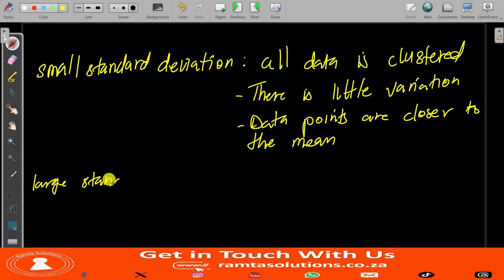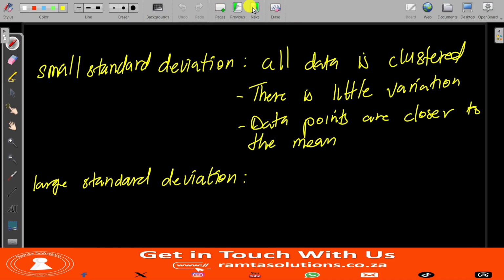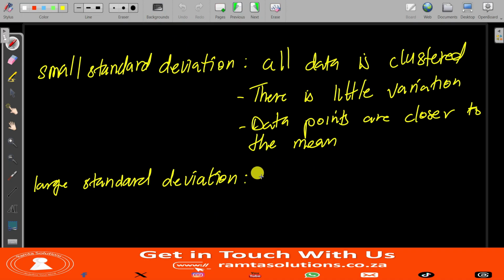So this is one that's, say, greater than 1. Remember, the small one is less than 1, closer to 0, right? So what about a large standard deviation? What is happening? Just like we said in variance, these data have high variability, right? Data points have a high variability.